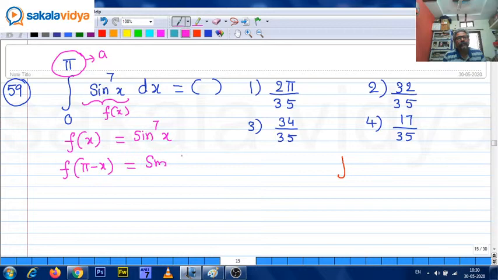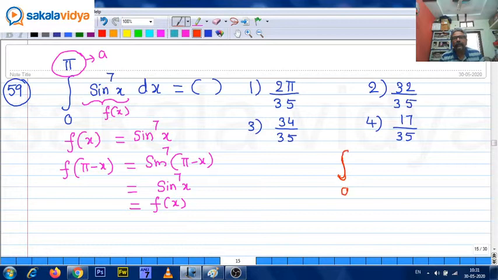So sin pi minus x whole to the power of 7. Sin 180 minus theta. 180 minus theta lies in the second quadrant. Second quadrant, sin is positive. Sin 180 minus x is sin x. So sin x to the power of 7, f of x, you get it. So we have the formula now.